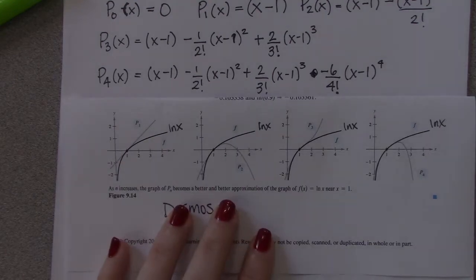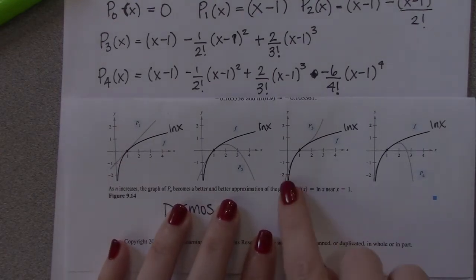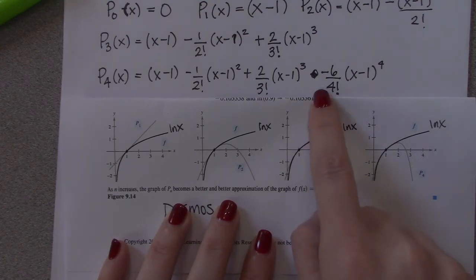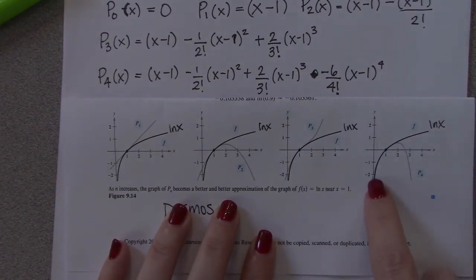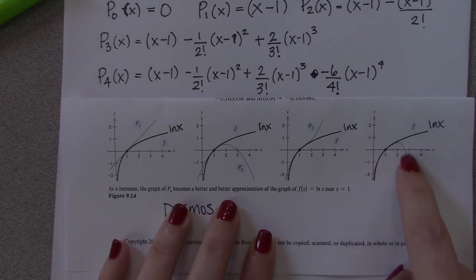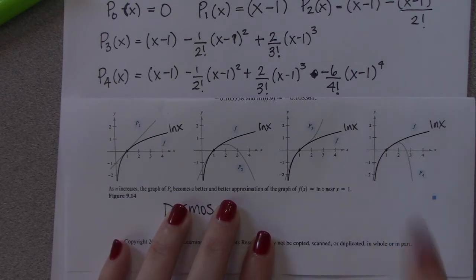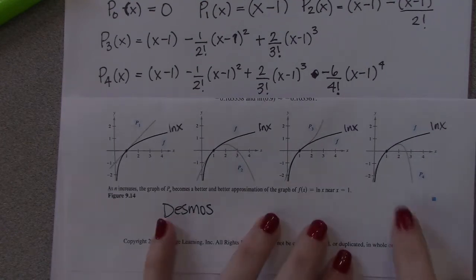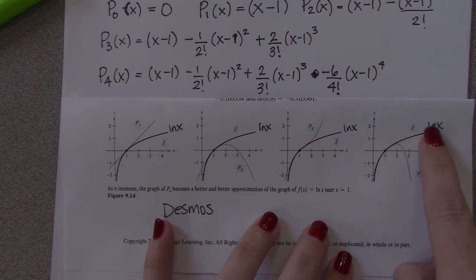And then look at the third degree. The third degree creates another bend for us, and it hugs it even longer before it goes away, right? And then if you look at the fourth degree, that creates another bend, but it hugs it even longer. So what you're doing is you're increasing the neighborhood around the center that you can use this function for. And if we actually graphed the infinite polynomial, the entire Taylor series, you would see that it would actually just overlay the graph completely.